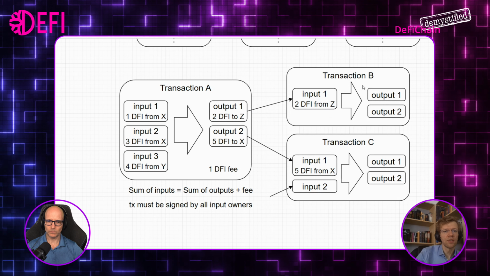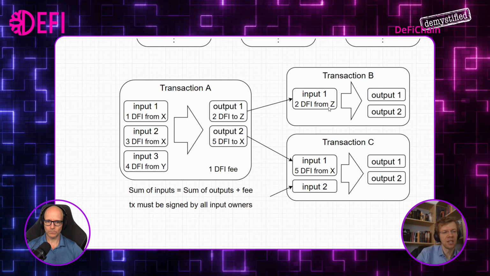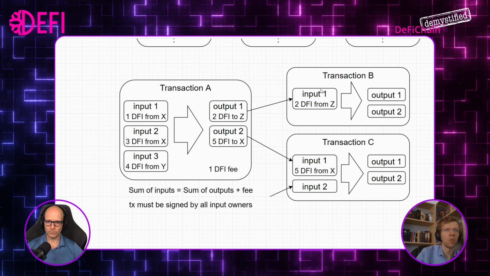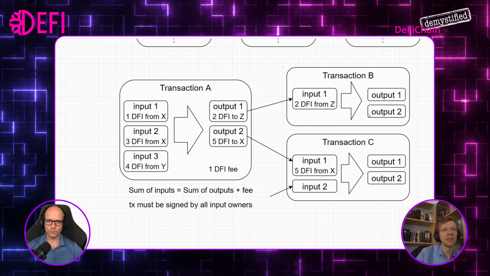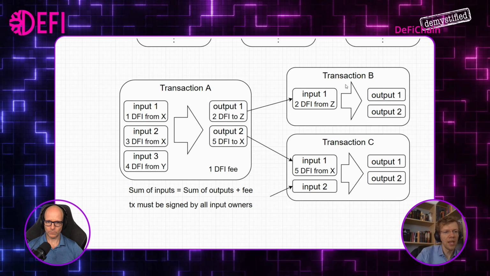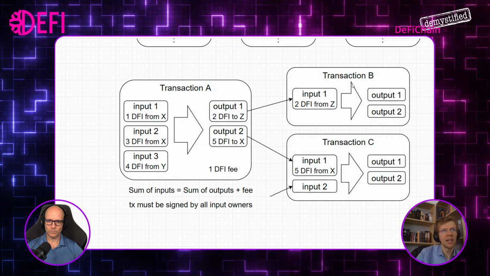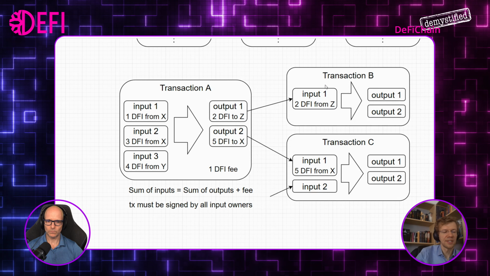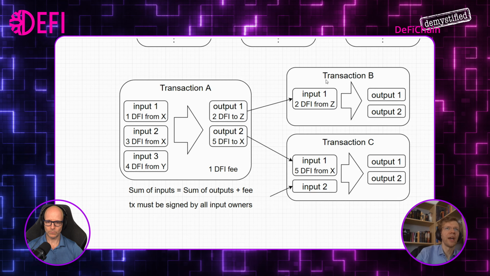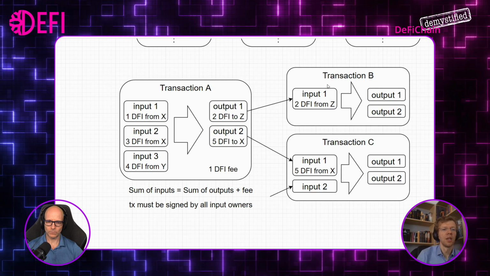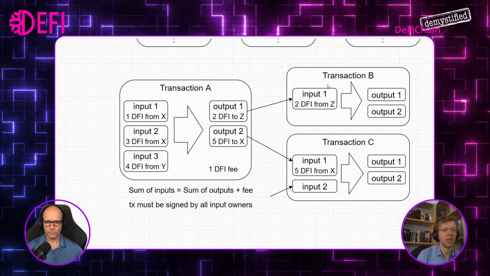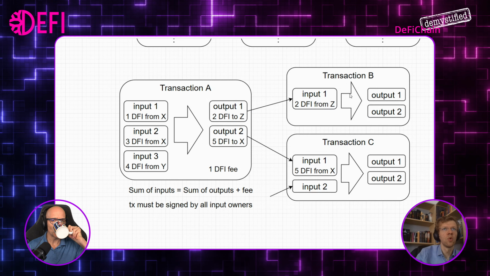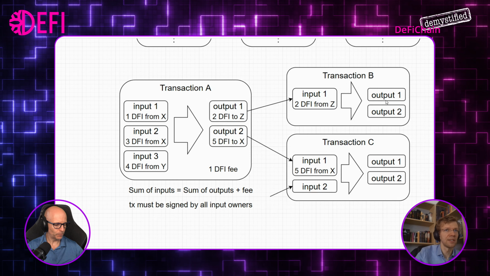In this transaction B, only Z needs to sign it, and when Z creates this transaction, they need to sign it. If they sign it correctly and the correct transaction is sent to the network, miners take the transaction, put it into a pool, into a block, and as soon as it's in a block, it's valid, and whoever gets the output can then spend this output.